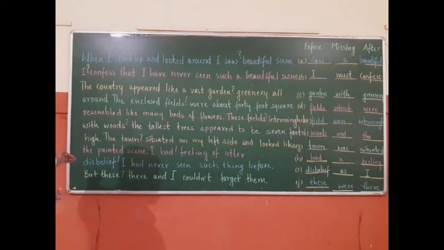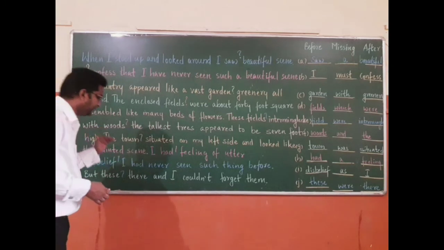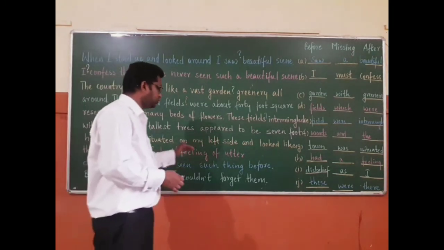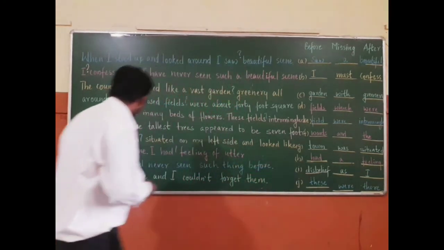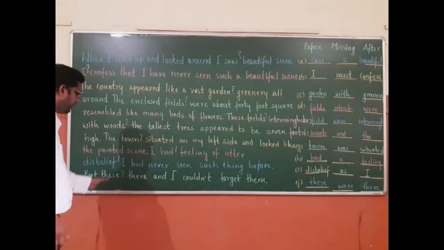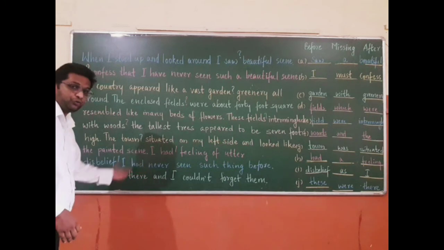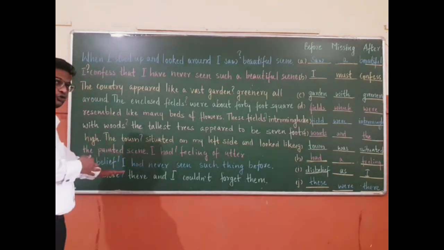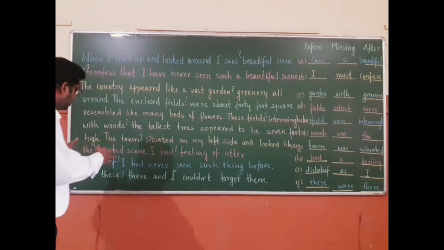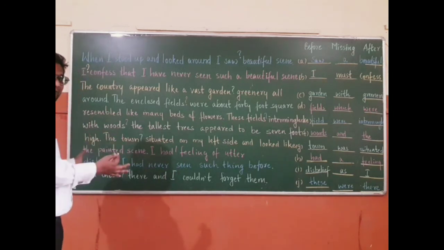Now the last line or sentence: but these there, and I couldn't forget them. Something is missing between these and there. You can see that something is irrelevant here.